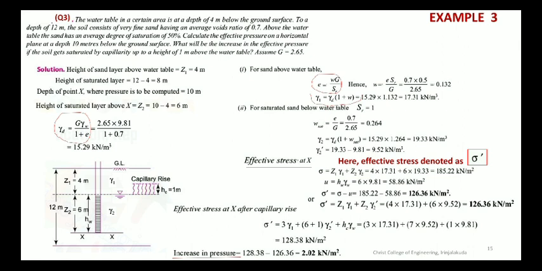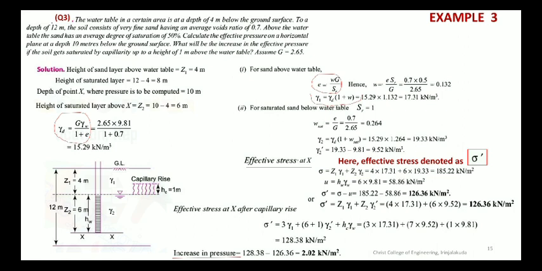So here we cannot take it as dry soil above the water table, because they have told the soil above water table is saturated 50%. So we cannot take gamma D as the unit weight of the first layer. We cannot take it as dry because it is 50% saturated. So you have to find out the bulk unit weight gamma value for that layer.